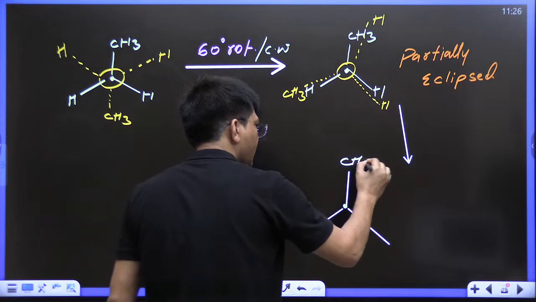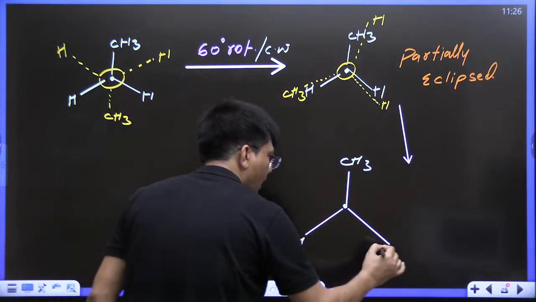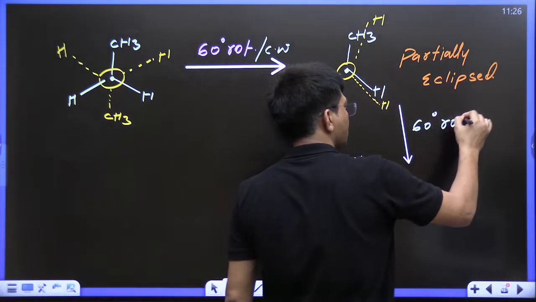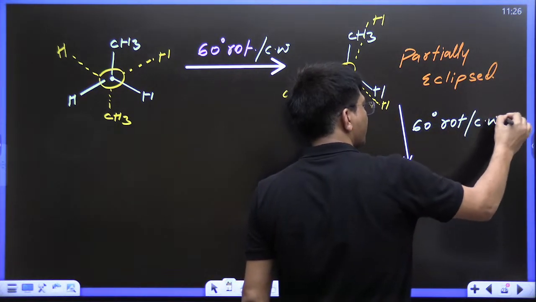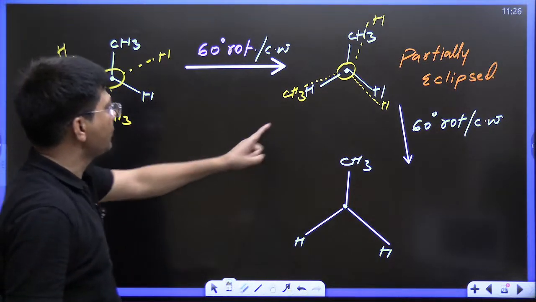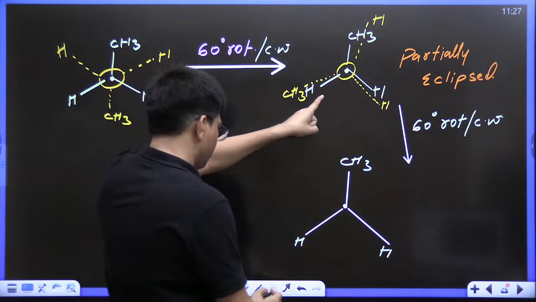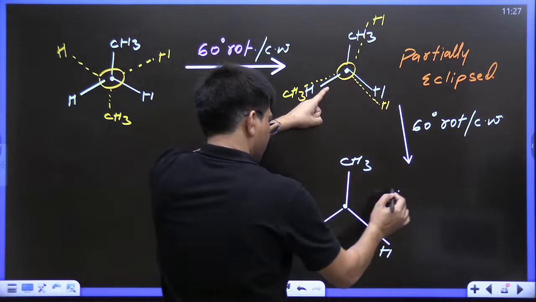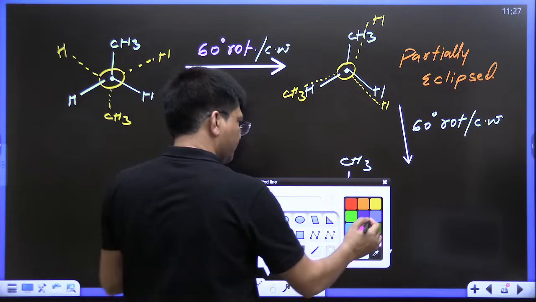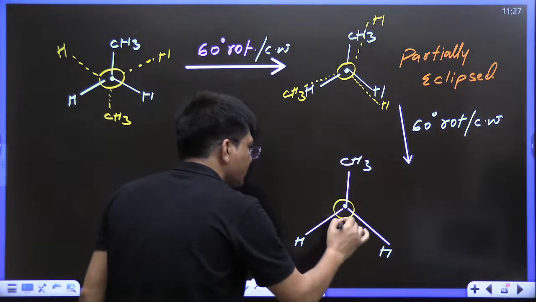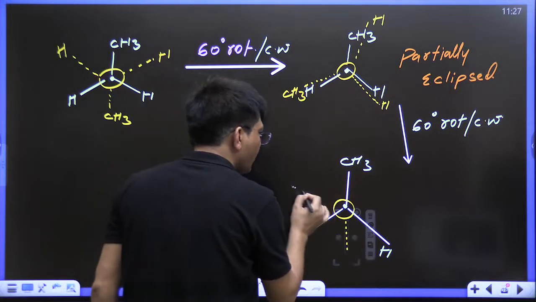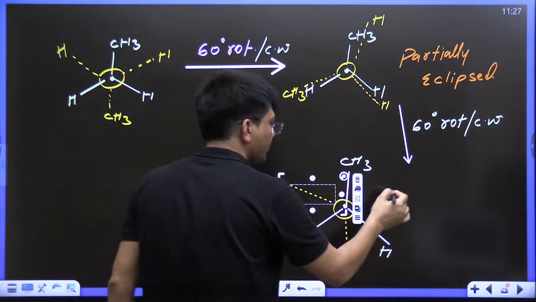With a 60-degree rotation clockwise, just try to find out what we are going to get. If I rotate by 60 degrees, this hydrogen will come over here, this hydrogen will come over here, this methyl will go to this position, and this hydrogen will come over here.